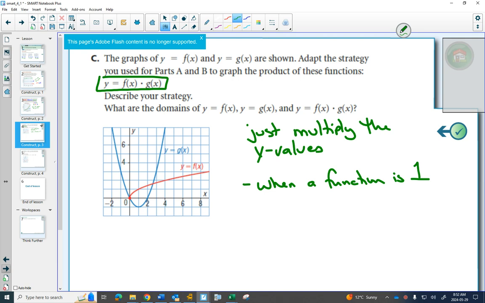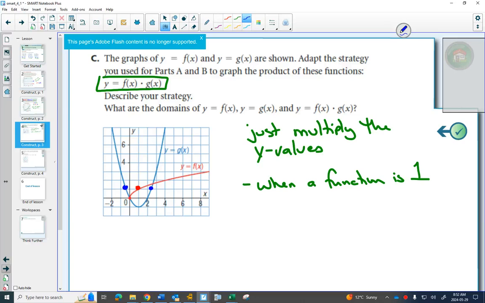So when a function is 1, let's look on the blue graph. The blue graph is 1 right here and here, and the red graph is 1 right there. If one of them is 1, when you multiply by that, it doesn't change.